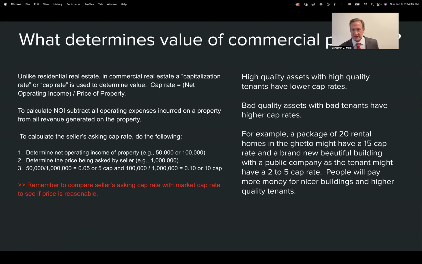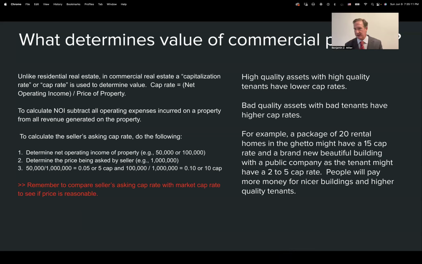So generally, more desirable assets have lower cap rates, and less desirable assets usually have higher cap rates. So you'll often see this. To put this into perspective, if you're talking about a quality tenant like Walgreens, the cap rate might be somewhere around 5. Whereas if you talk about a package of rental properties that are, say, 20 different single family homes, and let's say it's in a bad neighborhood, the cap rate there could be much higher.